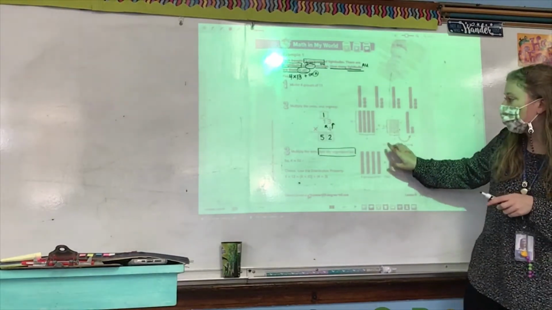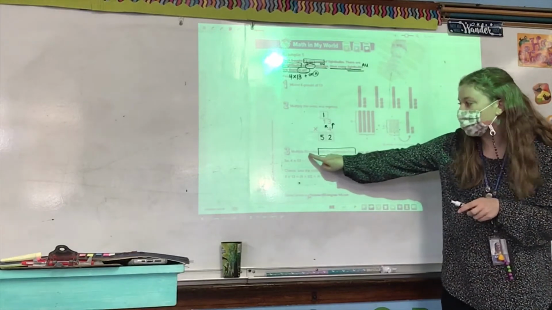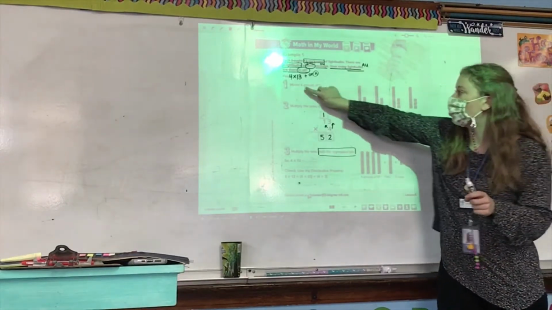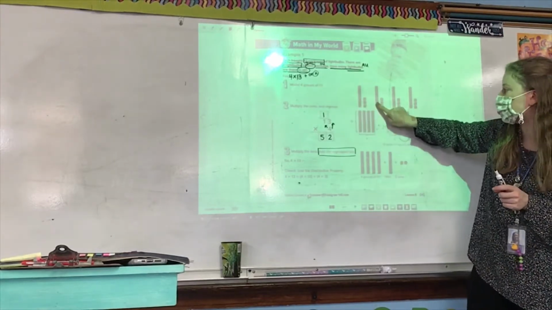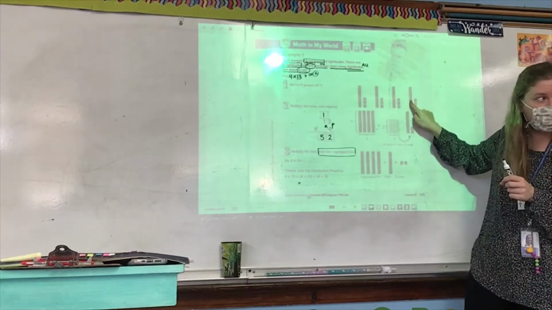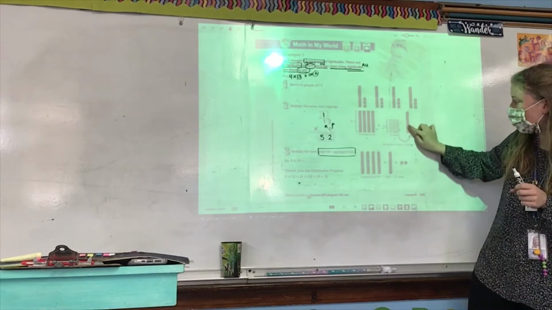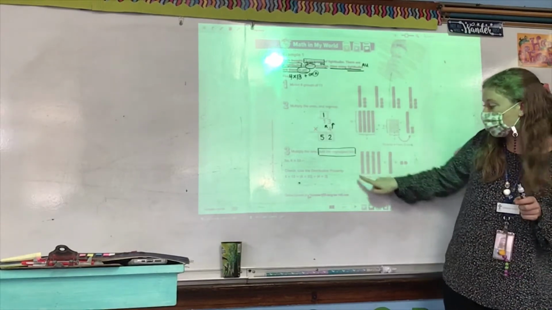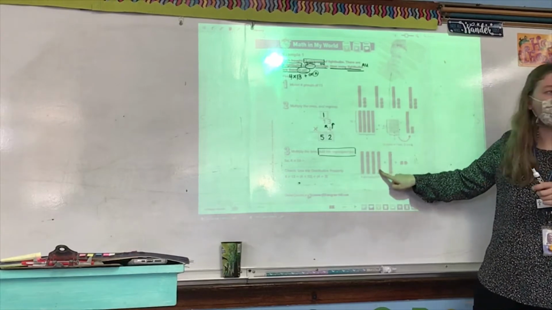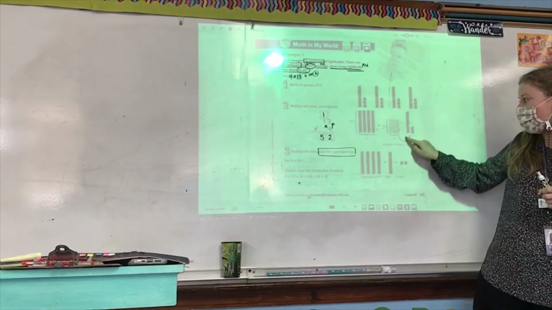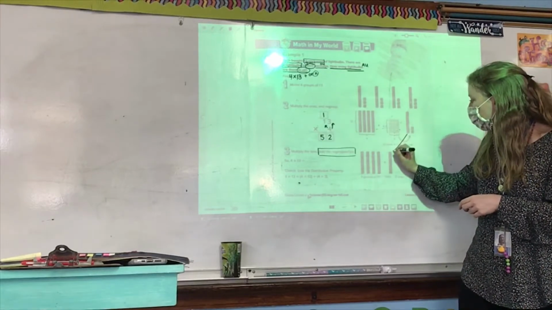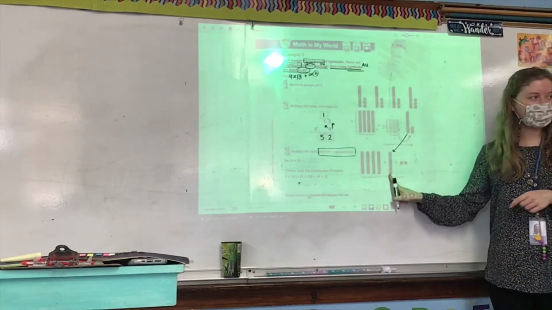Well, now we have to count the tens that were there originally, because 4 times 1 is 1, 2, 3, 4. But we had to add another one when we regrouped. So we multiply 4 times 1, 1, 2, 3, 4, and then we add that regrouped 10. So this regrouped 10 is this one that we add.